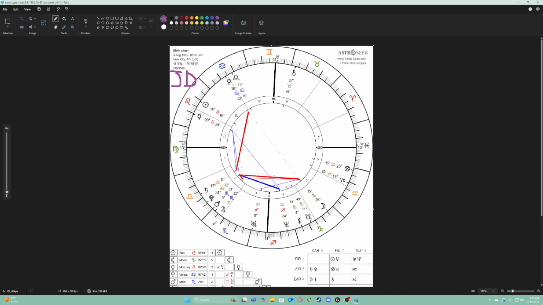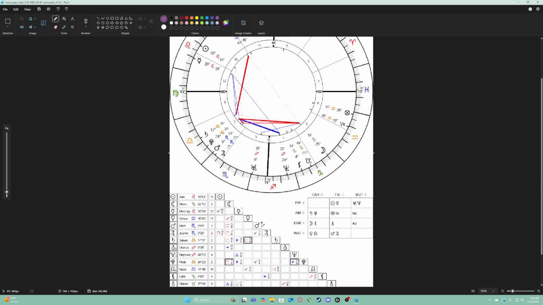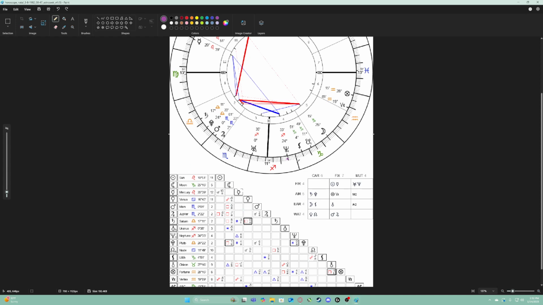Considering the squares and the oppositions, those are difficult aspects. Those energies are much stronger in general, compared to the other two, right? I would say squares are the strongest. Well, conjunctions are stronger than any of them, but I was talking about the positive and the negative energies, aspects, right?